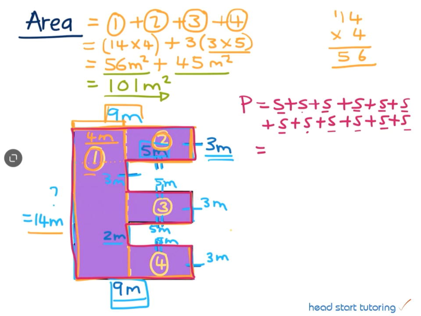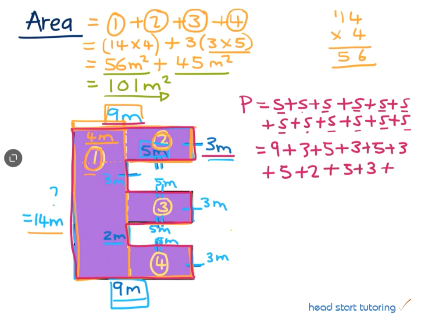So now we need to get all our sides together and write it down so that we show all our working out. We've got 9 meters plus 3 meters. So we're starting there and we're working our way around. Plus 3, plus 5, plus 3, plus 5, plus 3, plus 5, plus 2, plus 5, plus 3, plus 9, plus 14.